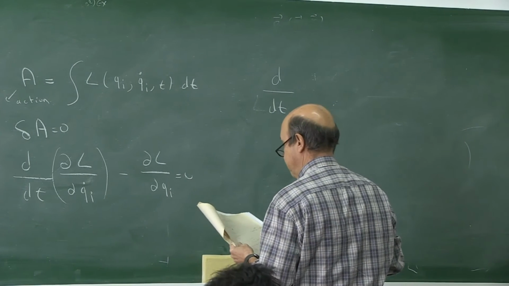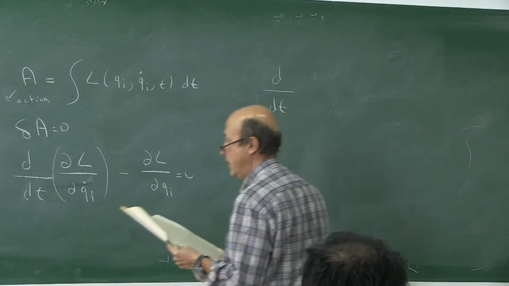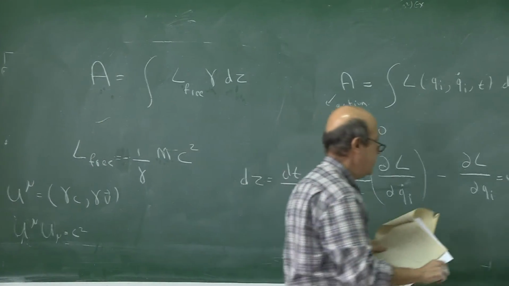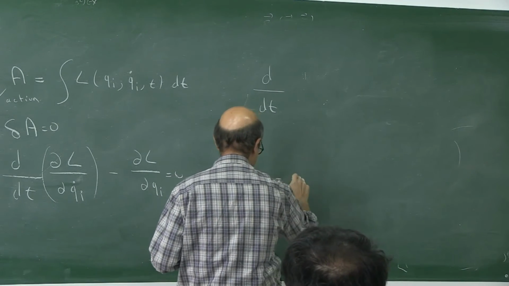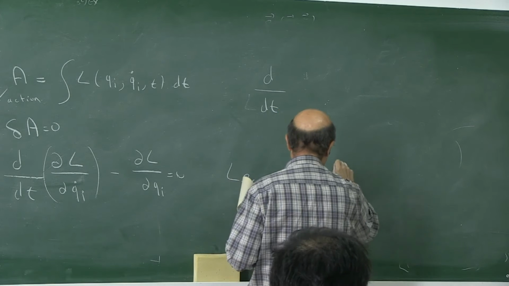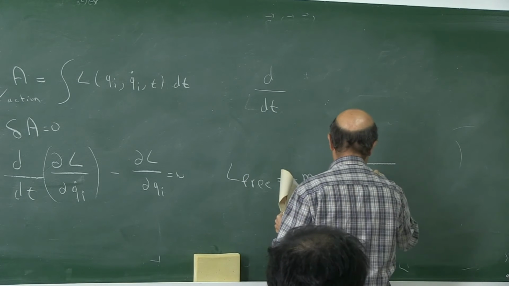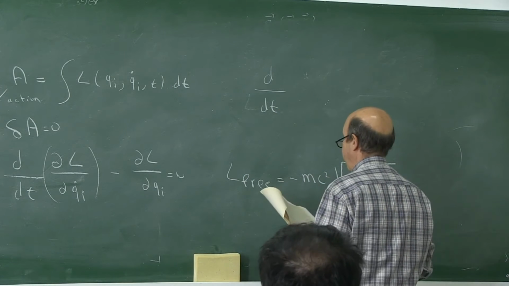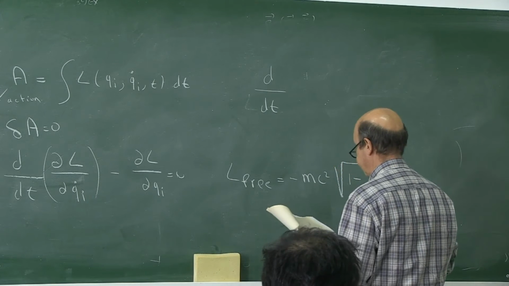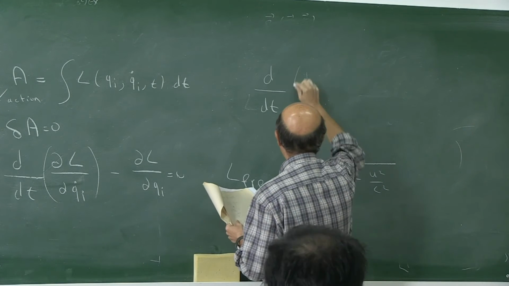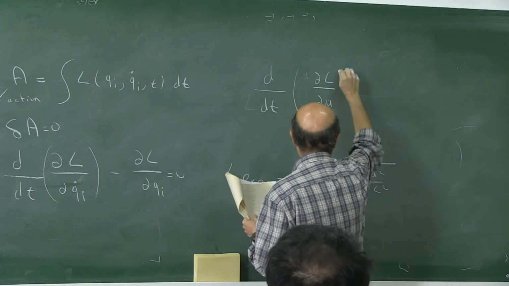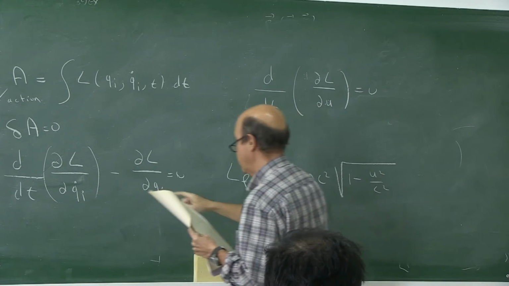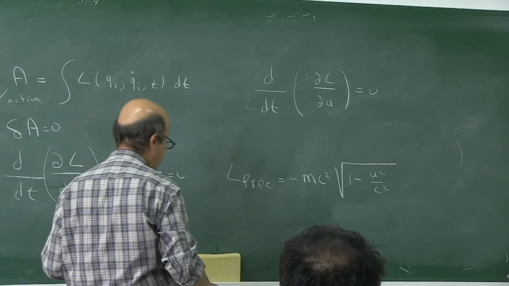So if you calculate the equation of motion, the free Lagrangian is here, L free is minus mc squared times the square root of 1 minus u squared over c squared. If you take the derivative of the Lagrangian with respect to u, equate to 0 because there is no coordinate dependence, free charged particle.